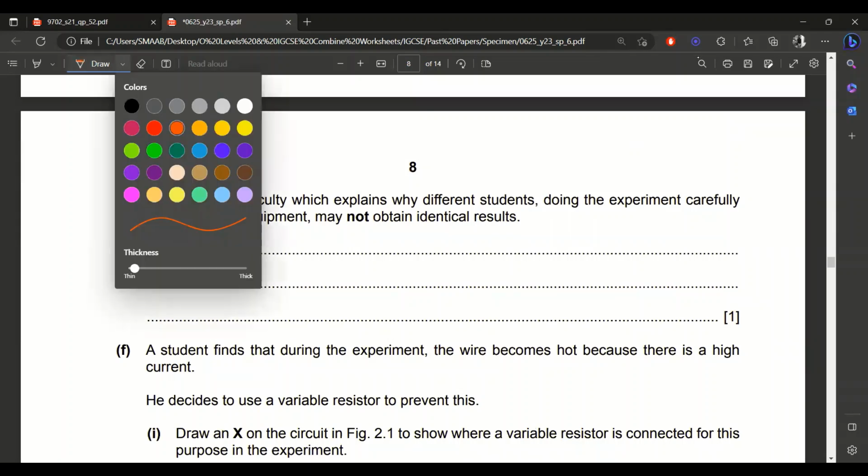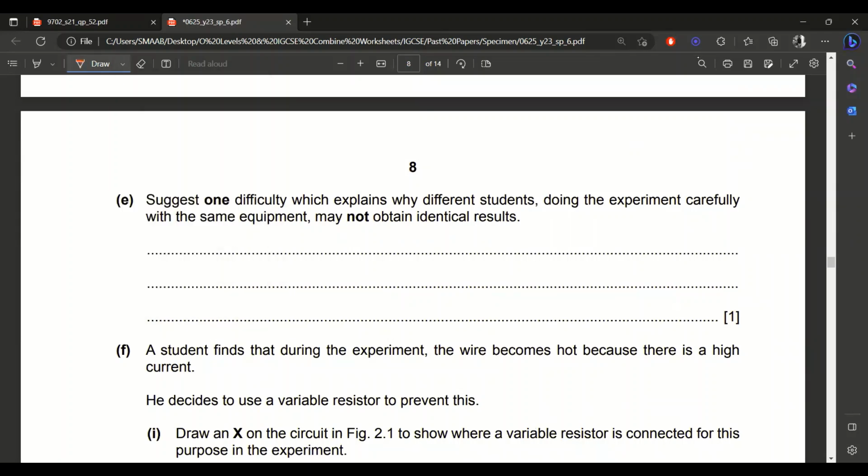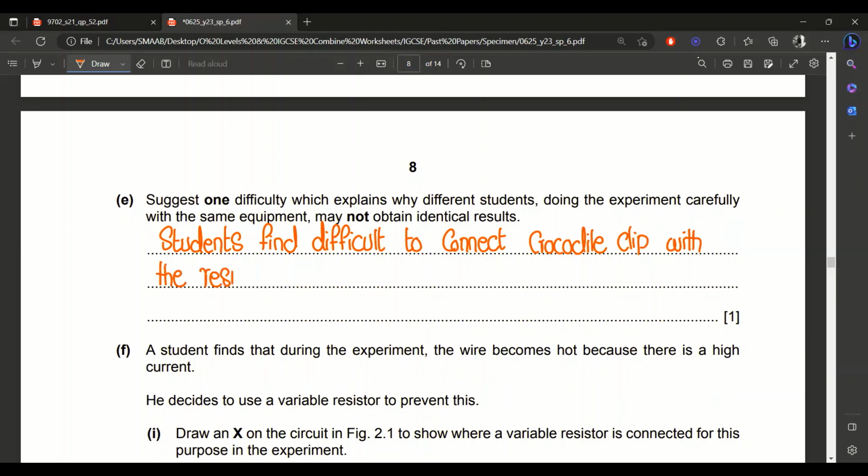Yeah. So we may write it as: students find difficult to connect crocodile clip with the resistance wire at the same position.